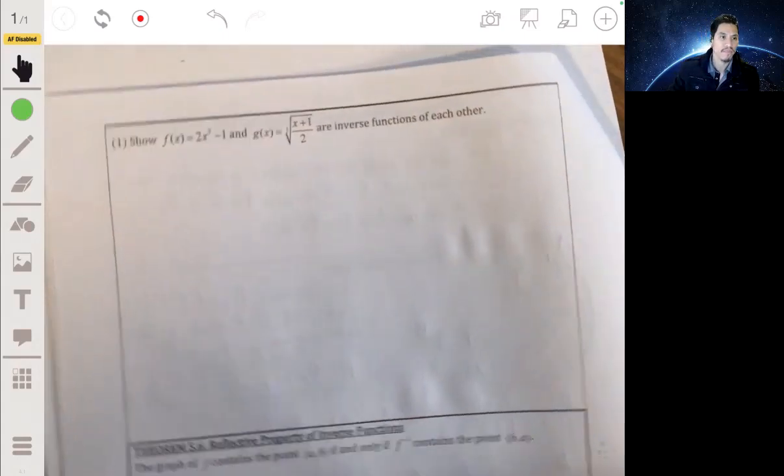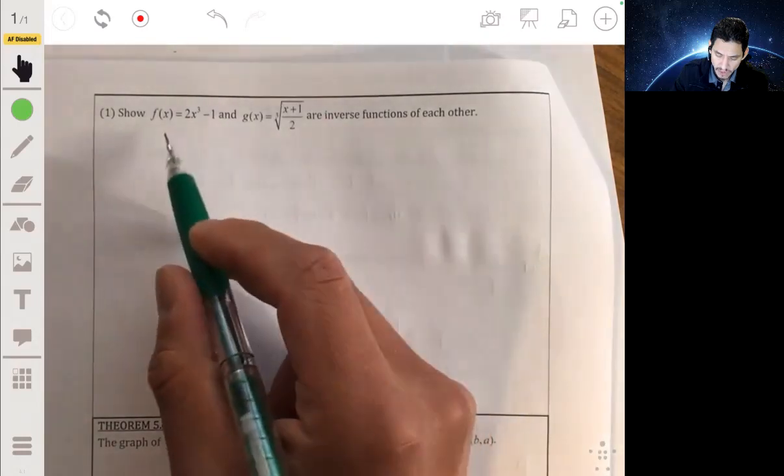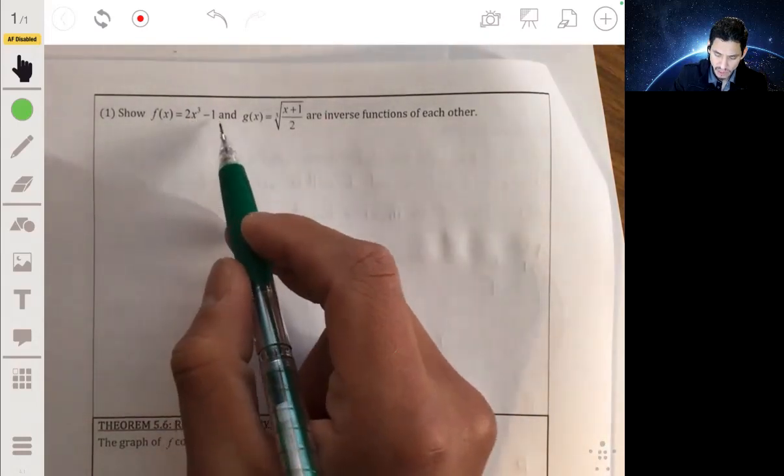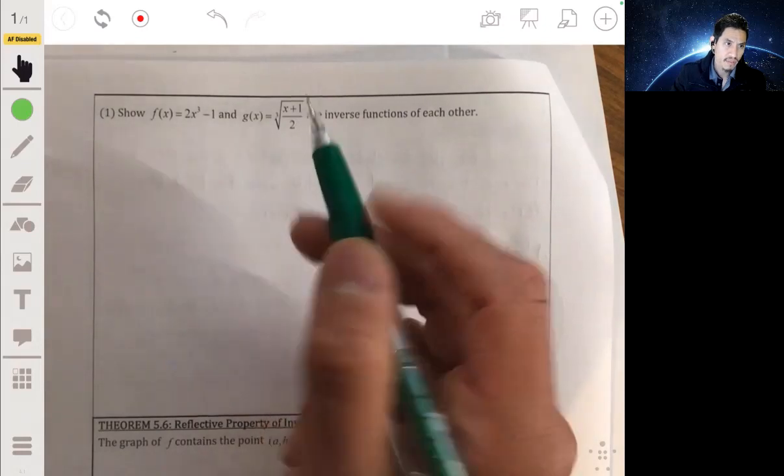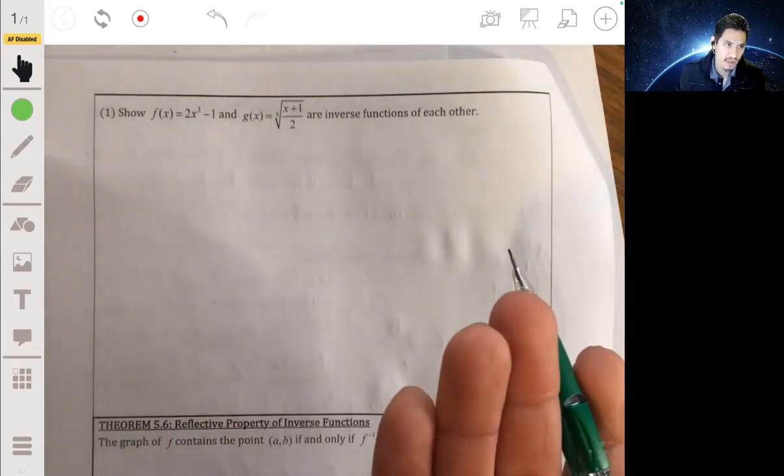So we're told that F of X equals 2x cubed minus 1, and that G of X equals the cube root of X plus 1 over 2. But how do we show that these are inverse of each other?